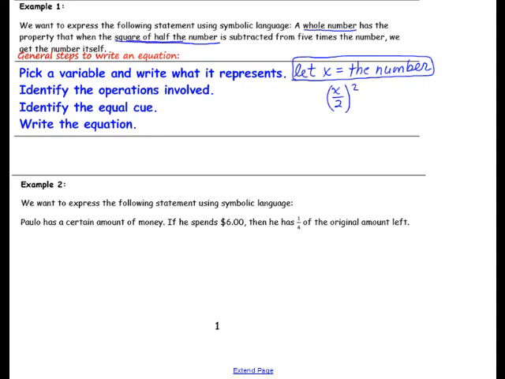That is the square of half the number. Another way that you might want to do that is to multiply the number by half and then square it. So those are two different ways that you could represent that part of the statement. So we just need to pick one of them. And I think I'm going to use the one on the left.